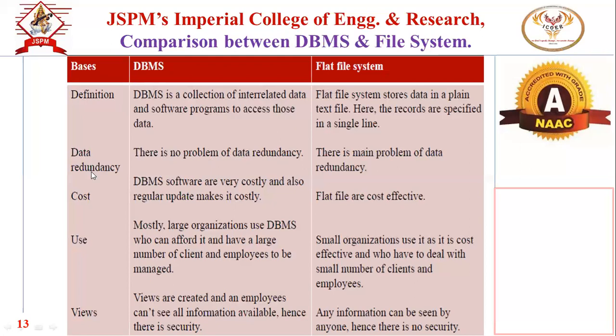And data redundancy: there is a problem of data redundancy, meaning data duplication, in the case of a flat file system, but there is no problem of data redundancy, or separation of data should be possible, in the case of DBMS. But whenever we go for cost of DBMS, DBMS software is very costly and also regular updates are required for that software. And whenever we are going for a flat file system, it is cost effective.